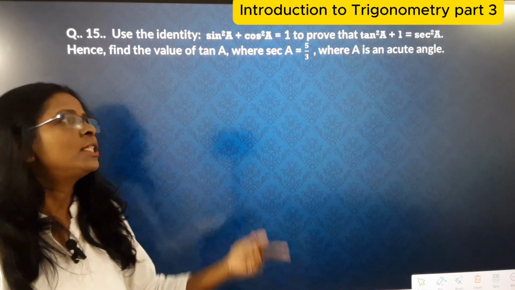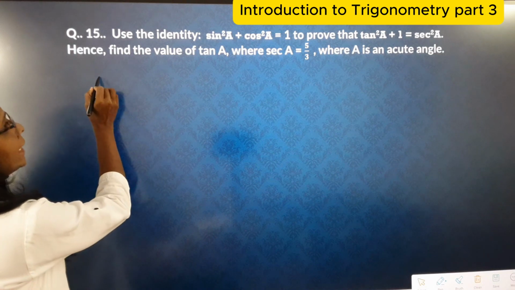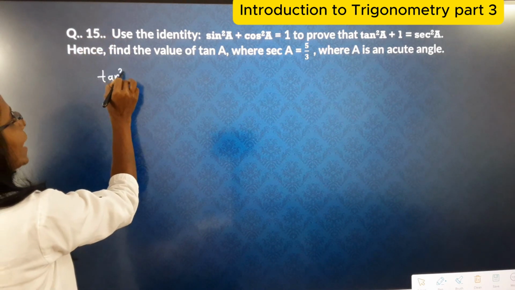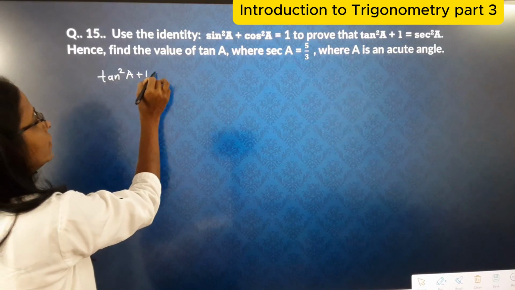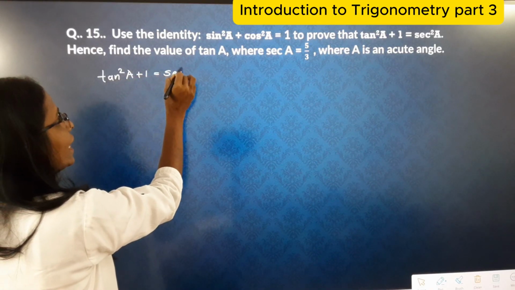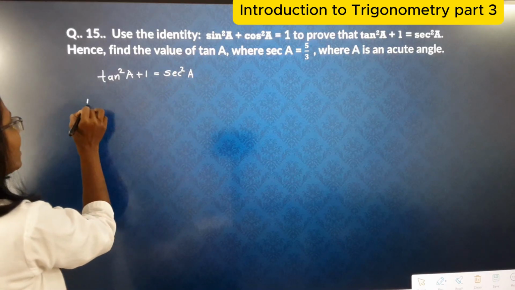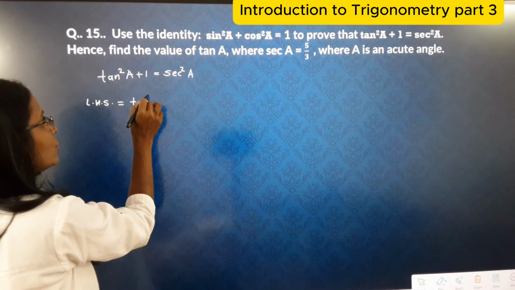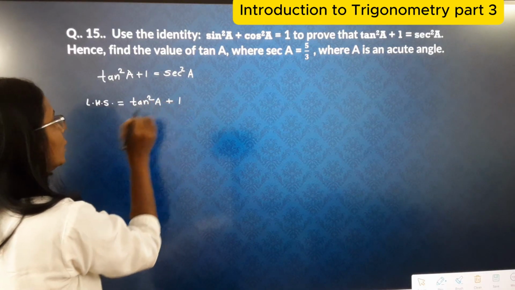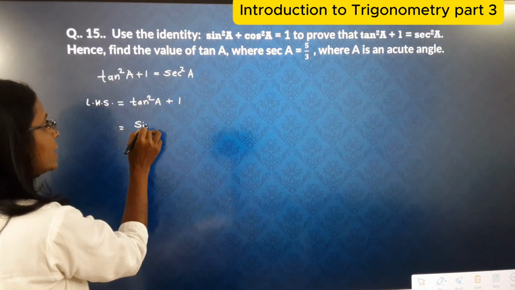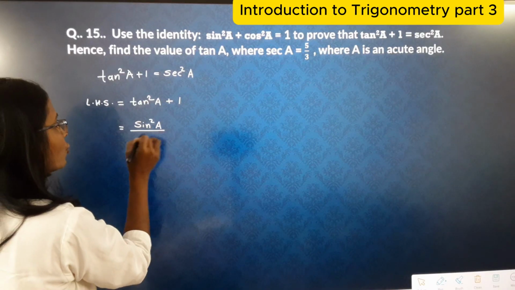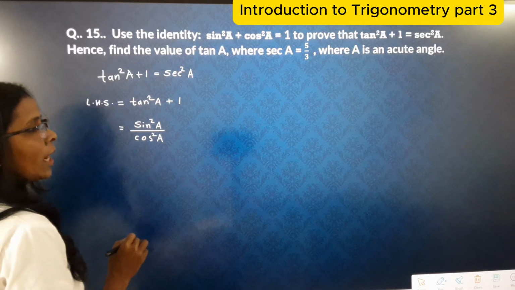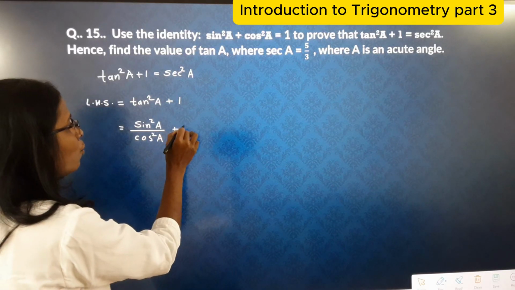First we use the second identity, that is tan square a plus 1 is equal to sec square a. In this identity, LHS is tan square a plus 1. We can write tan square a as sin square a upon cos square a, so sin square a upon cos square a plus 1.